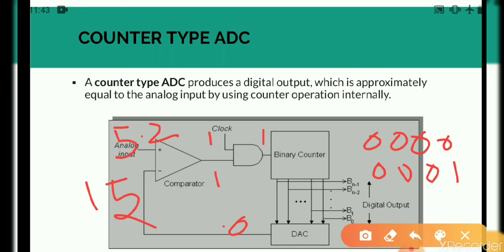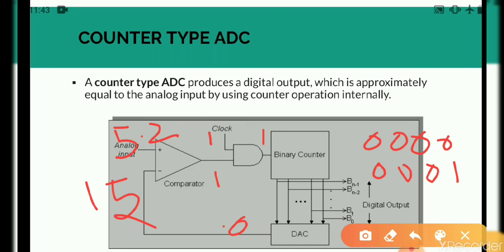So the conversion time of this counter type ADC varies according to the analog input. If it is 2 volt, it converts in less time. If the analog input is 10 volt or 15 volt, accordingly it will take more time. This is the main disadvantage of this counter type ADC.